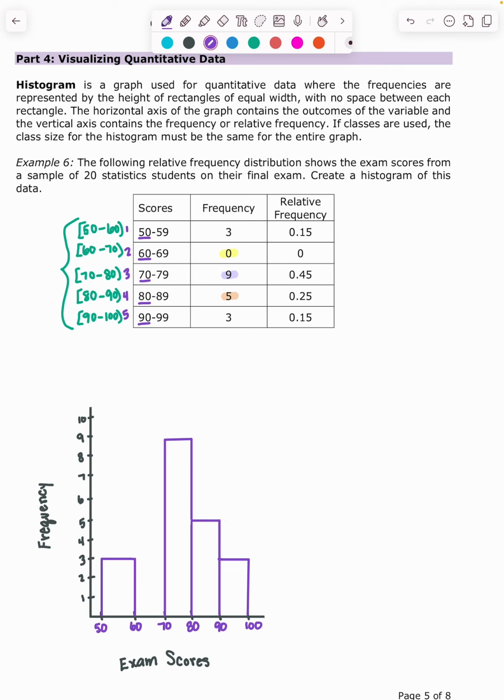You do not need to invest in graph paper, but I will just say if you're trying to do this by hand, it's so much easier on graph paper or the dot paper. Dot paper is really nice as well. And then the only other thing we need is a title. So this was the final exam.